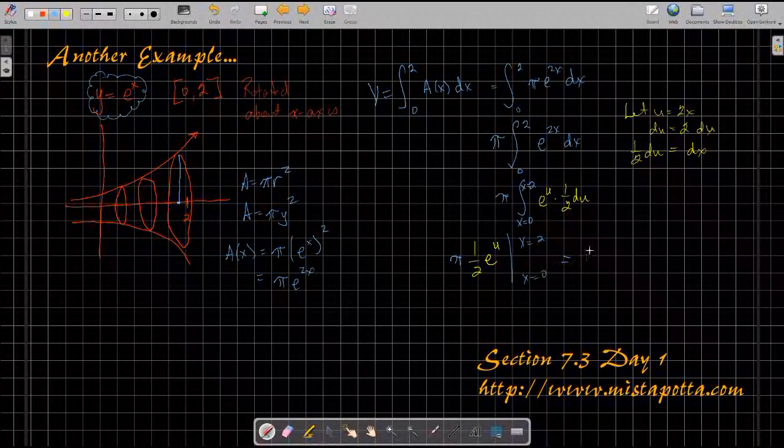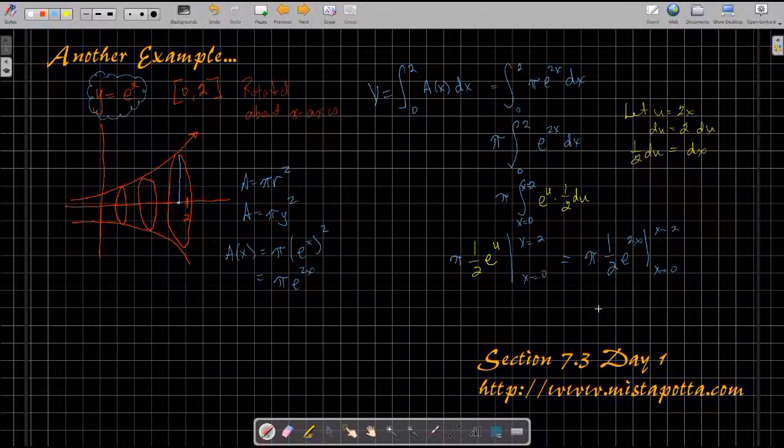And so I get pi times 1/2 e to the 2x, and I'm evaluating from x equals 0 to x equals 2.